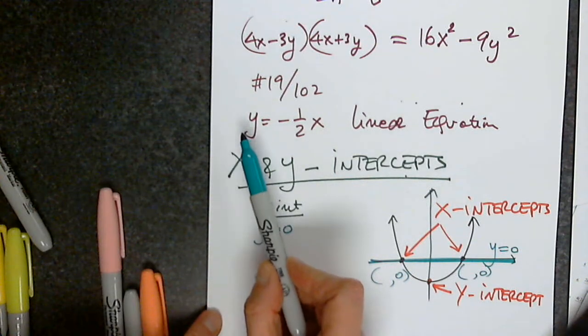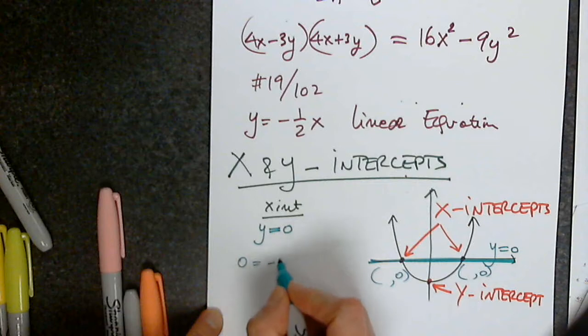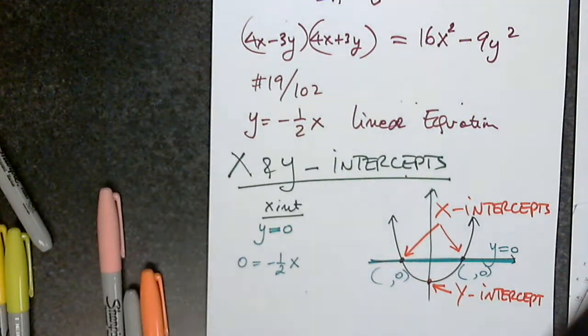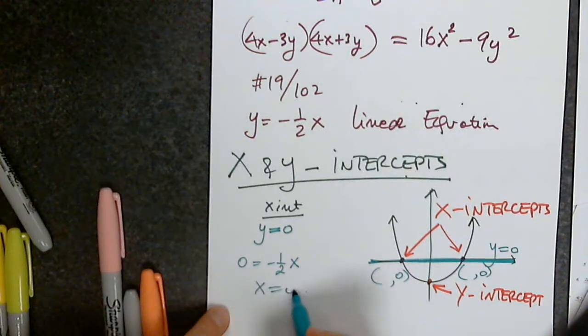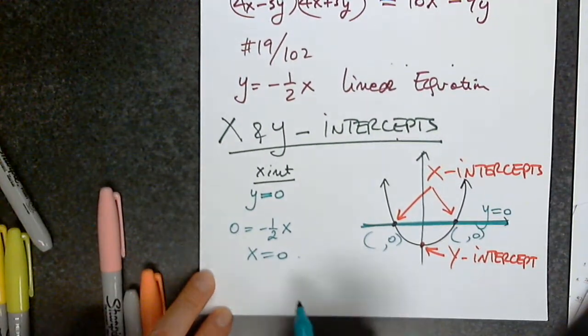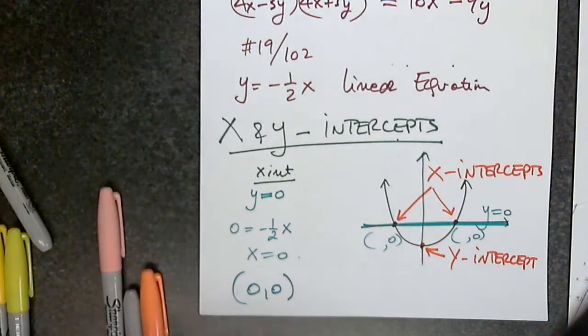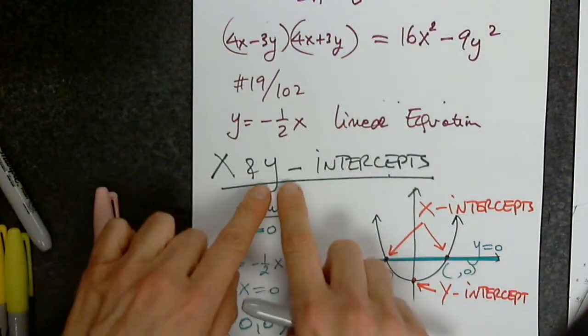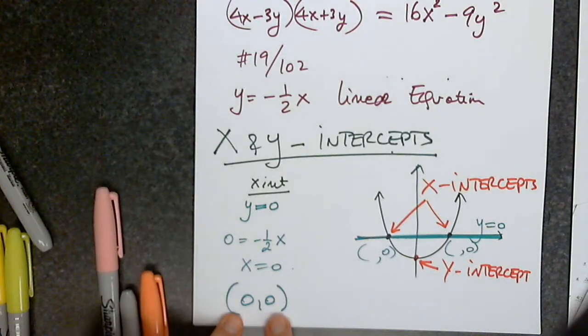Are you with me, everyone? Okay, so then 0 equals negative 1/2 x. Negative 1/2 times what is 0? 0. Correct. What is the ordered pair that we just determined? 0, 0. So it turns out that this particular linear function passes through the origin.